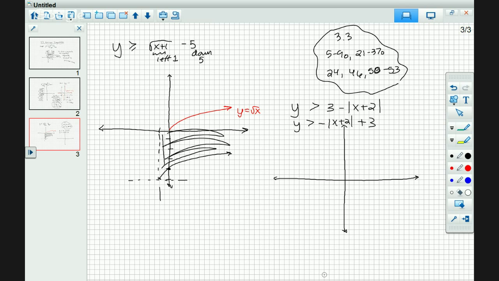So, run 2, plus 3 is the vertex. The parent graph looks like this. Right? We're going to flip it over, this negative. Dash it. And move it.